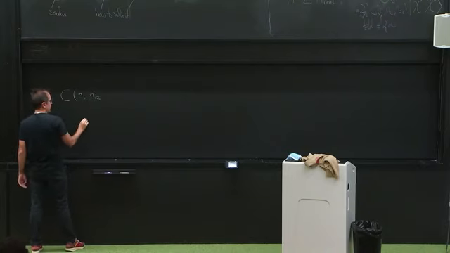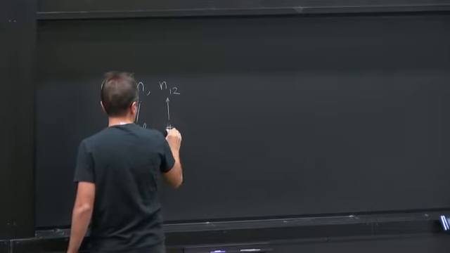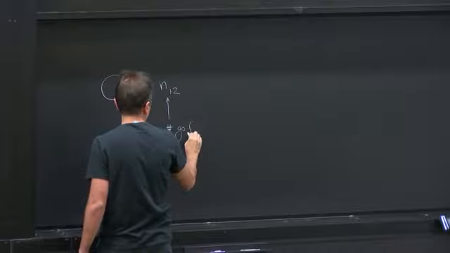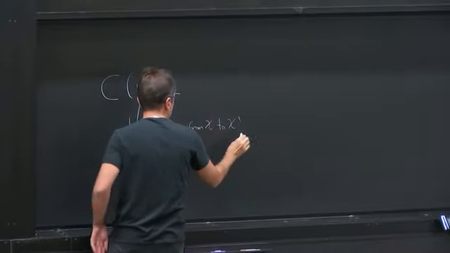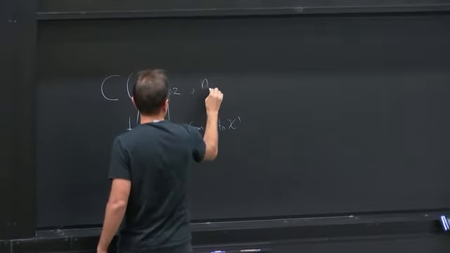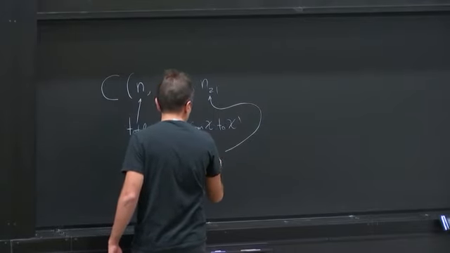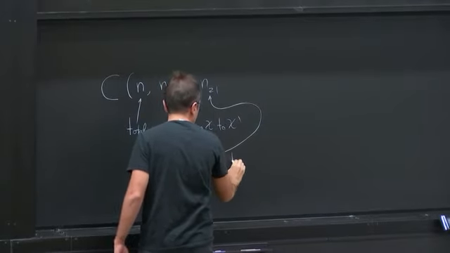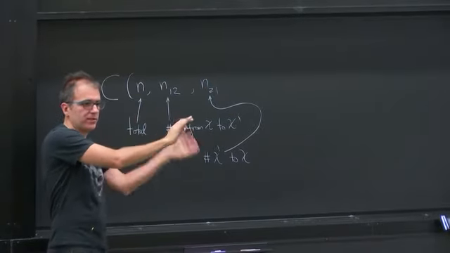How many oscillators? So this is the total. This is the number that go from chi to chi prime. You take some from chi and you put it in the other slot. And then you have n_21. This is the number that you take from chi prime and you put in the chi slot. So you take some from here and you put here, some from here and you put there.